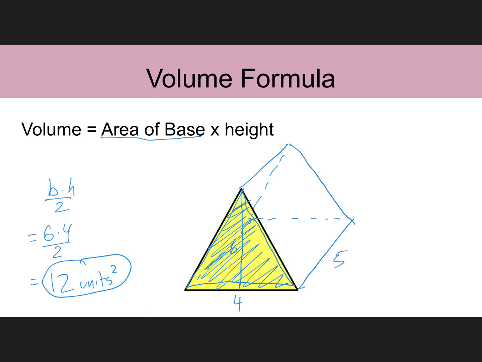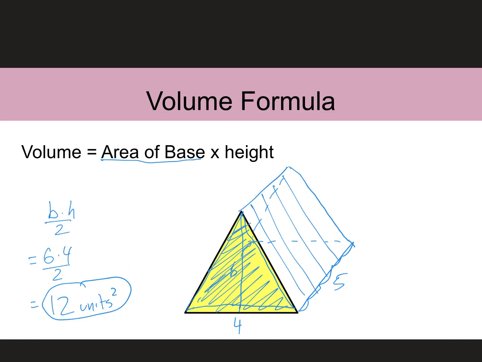So I'm just going to go back 1, 2, 3, 4, 5 units. So how many cubic units would it fit? It would fit 12, which is the front of it, 12 times 5, so 60 units cubed.